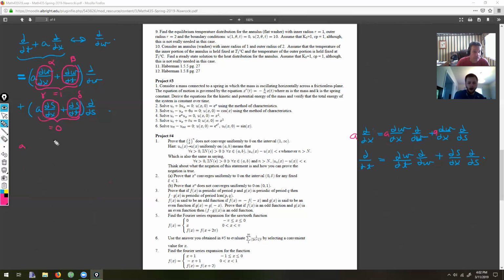So then what we get is A alpha plus beta must be 1, and A gamma plus delta must be 0.